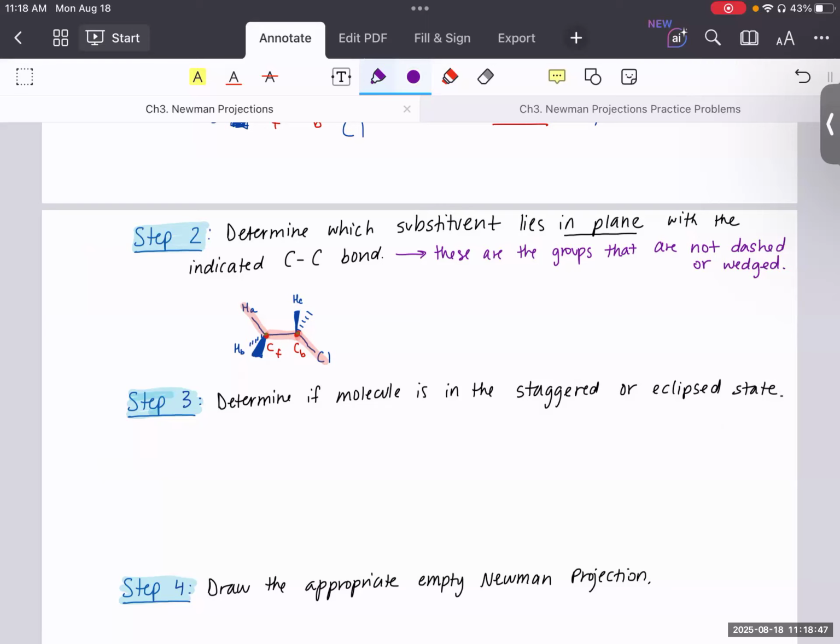All right, next we want to determine if the molecule is in staggered or eclipsed state. And so in the next video, we'll talk more about what these states represent. But for now, what we want to identify is that eclipsed has the in-plane groups on the same side of the carbon-carbon bond. Or sorry, staggered has in-plane groups on opposite sides of the carbon front, carbon back bond, and eclipsed will be opposite.